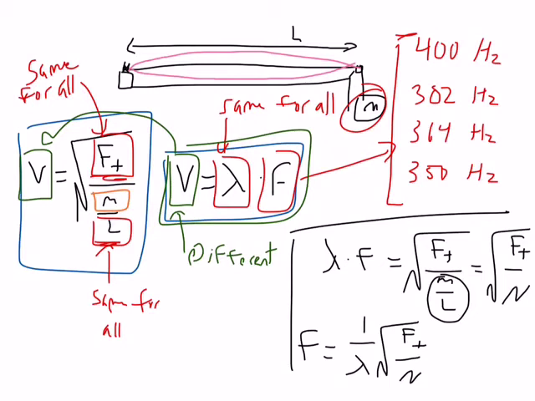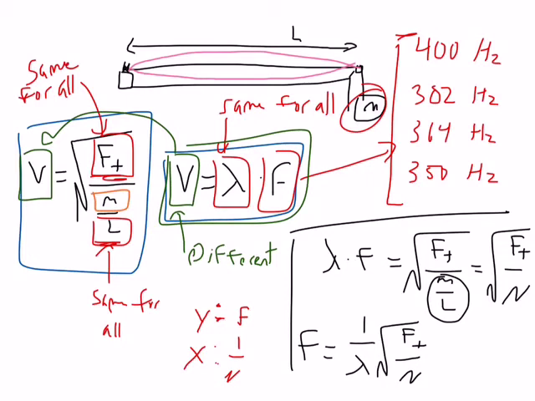So we're plotting frequency, which is the y variable, and that's frequency as a function of the inverse of the linear mass density, right? We plot f and 1 over mu.